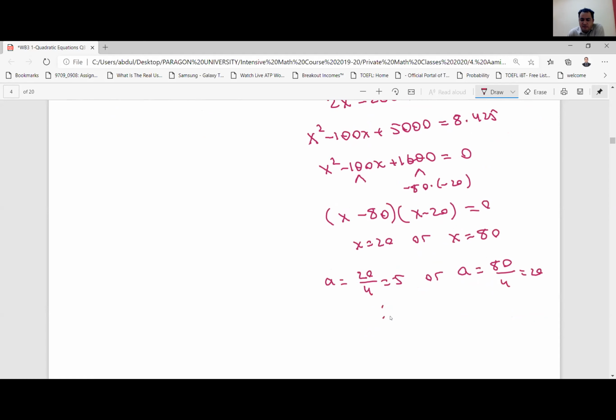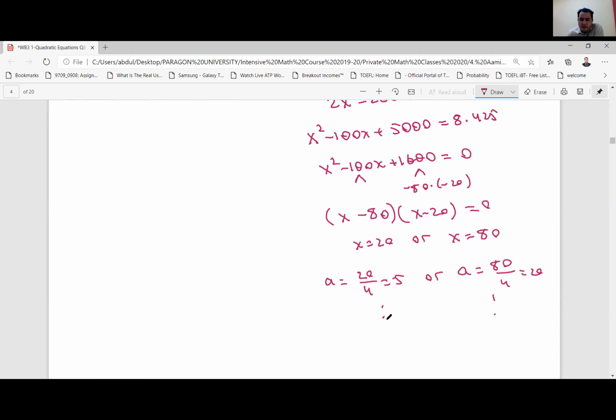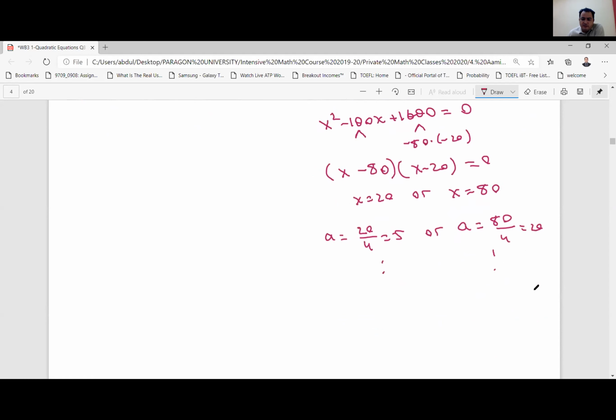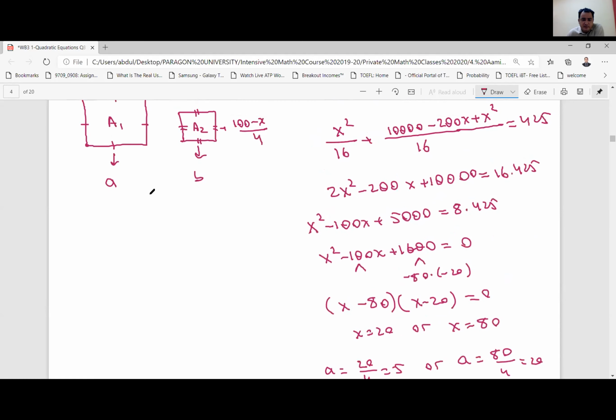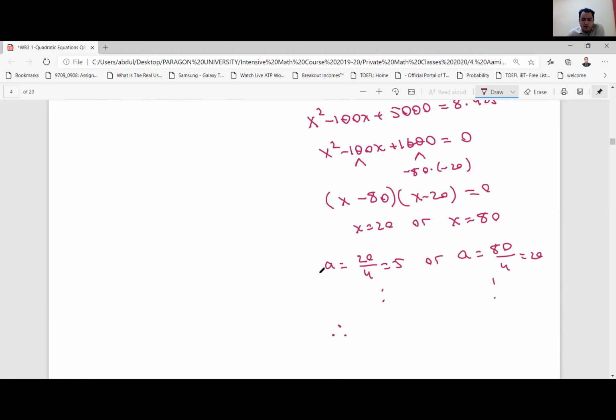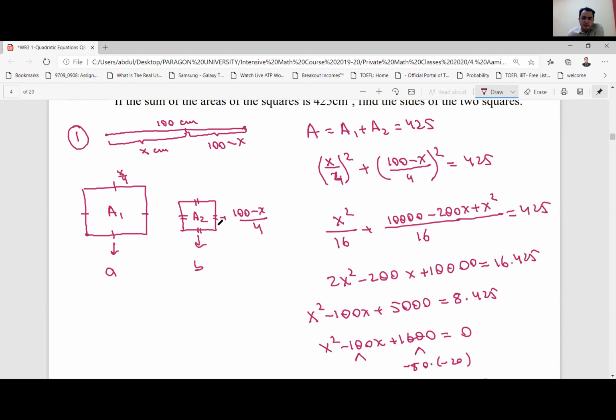Using this one, we can find b. When we find this, we will have b be 20 and 5, the same thing. So, taking the suitable answer, the side of the bigger square is a equals 20, and the side of the small square is b equals 5 centimeters. If you add them, 80 plus 20, that's equal to 100. It gives us the size of this square.